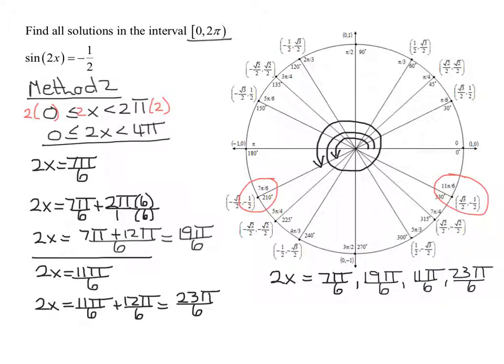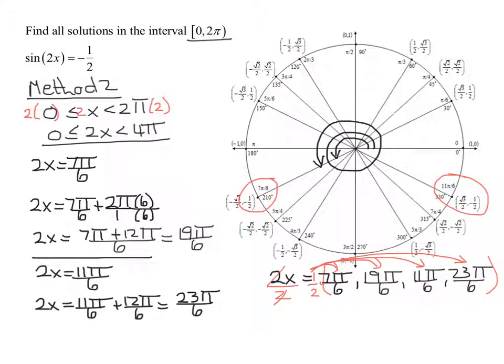Those are all the solutions that I want for 2x, and now all I have to do is divide both sides by 2. So I'm going to divide this side by 2, but on my right-hand side, every single answer is going to be a whole lot easier if I just multiply each of them by a half. So I'm going to multiply each of these answers by a half. And what's that going to do?